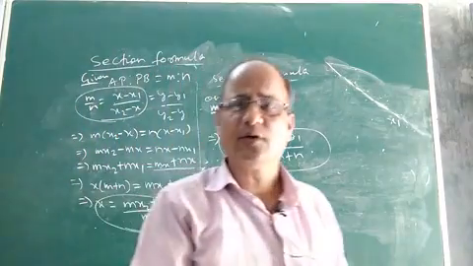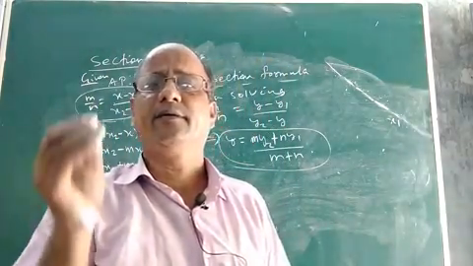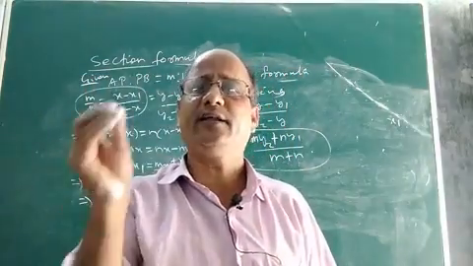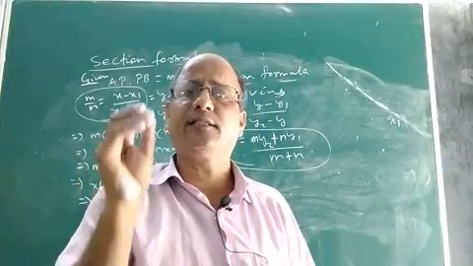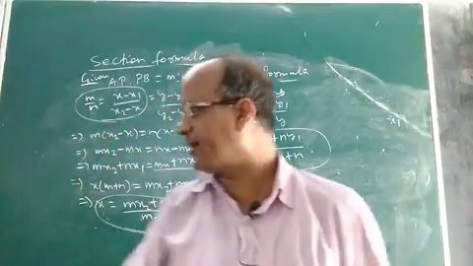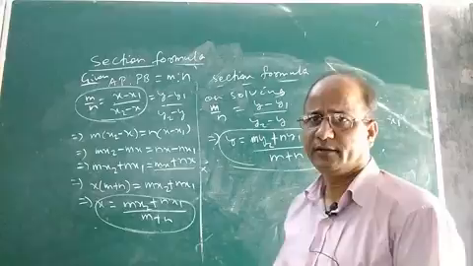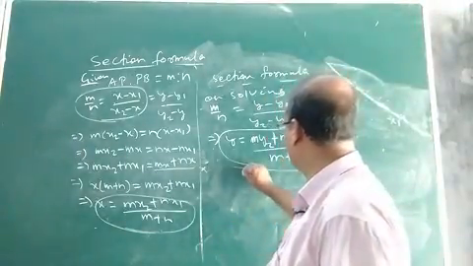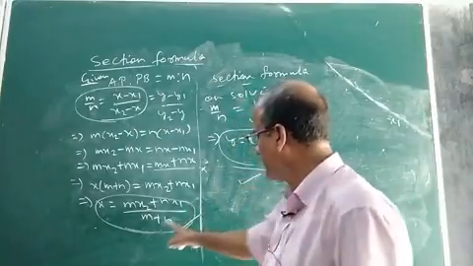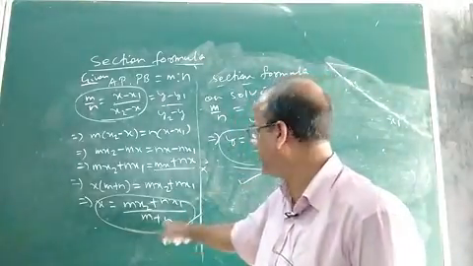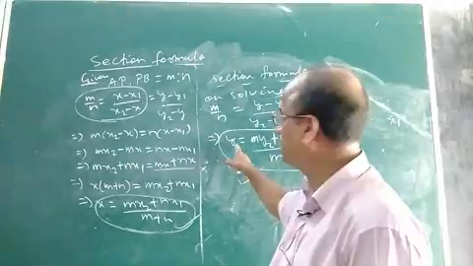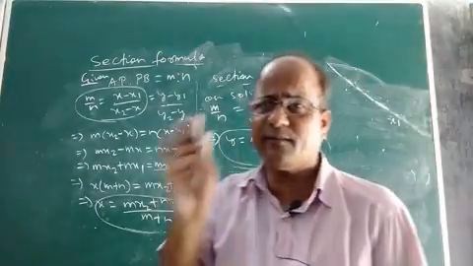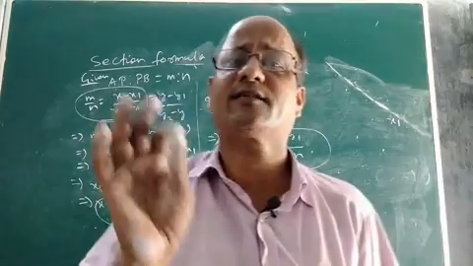Thus we came to know that if a point P whose coordinates are x and y divides a line segment in the ratio m is to n, then the coordinates of the point will be of this form and this form. That means x coordinate of the point will be this, y coordinate of the point will be my2 plus ny1 divided by m plus n. So this important formula is known as your section formula.